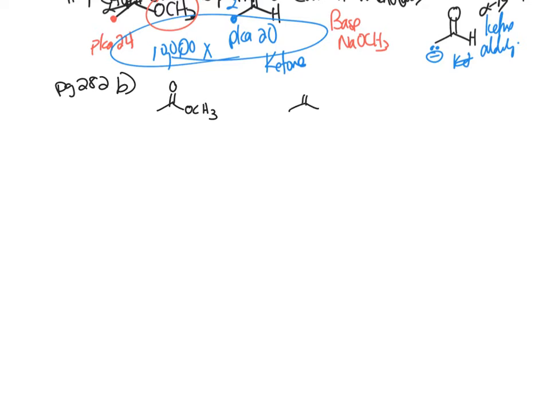Draw the conjugate acid. So they're saying pKa 20 here, pKa 24. So just go ahead and make your enolate. Okay. Resonance structure.